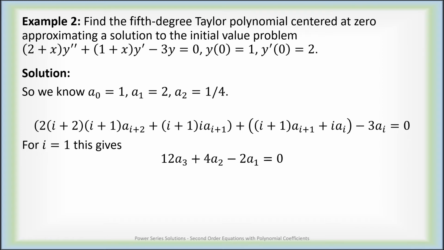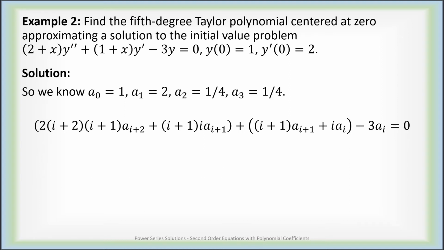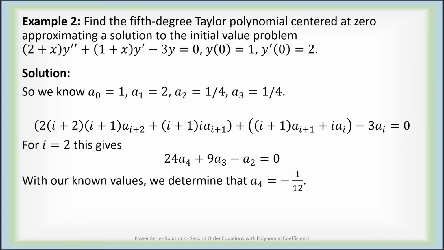Since we know a1 and have determined a2, we can solve that a3 must be a quarter. Plugging in i equals 2, we end up with 24a4 plus 9a3 minus a2 equals 0. Since we already know many values, we can quickly find that a4 is negative 1/12.